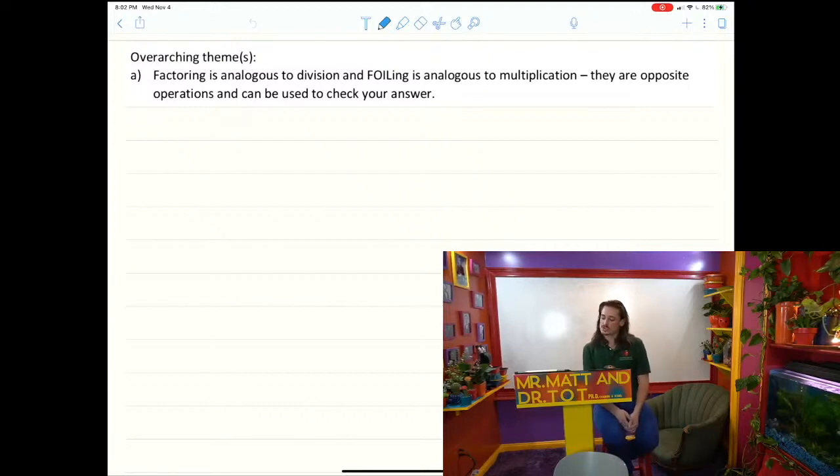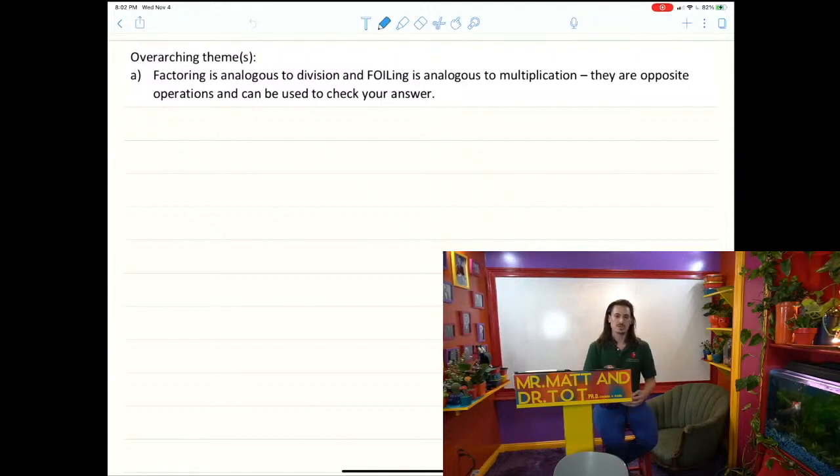Okay, the overarching theme. Factoring is analogous to division, and foiling is analogous to multiplication. So you can think about them as opposite operations. It's just that we have other factors that we have to distribute within the parentheses, so it's not just a straight scalar multiplication.